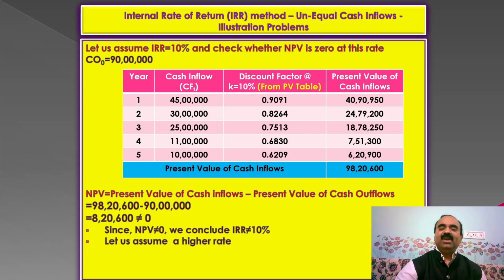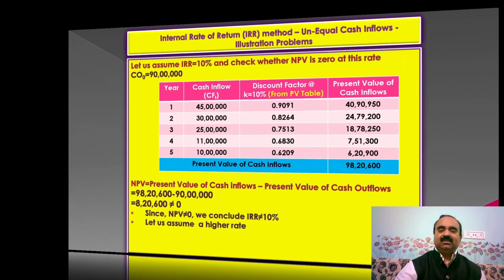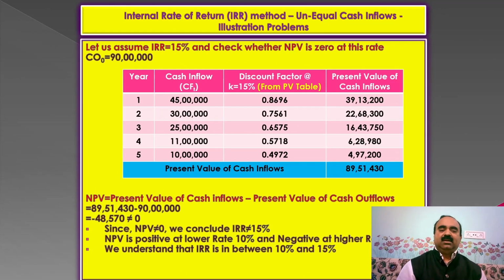Let us assume a higher rate. Let us assume IRR is equal to 15% and check whether NPV is 0 at this rate. I had shown CO0 is equal to 90 lakhs on the top of the table. I had used a 4-column table for finding out present value of cash inflows.